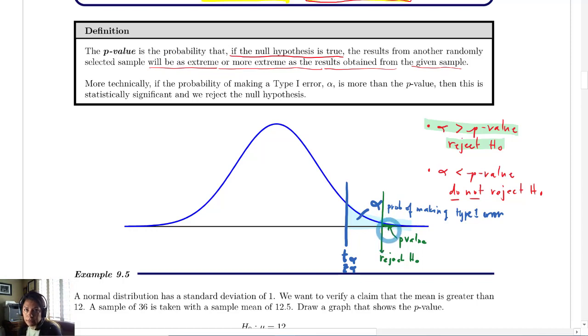This is statistically significant. So let me try to explain it in another way as well. The p-value says that if you take another sample and test it the same, the p-value is the probability that you're going to keep status quo, depending on your alpha.